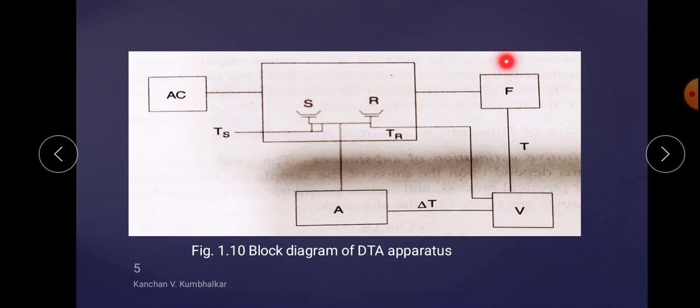There is F, that is the furnace, second is the amplifier, third is your recorder, and fourth is your atmosphere controller, which controls the atmosphere. Now, how does the procedure work?